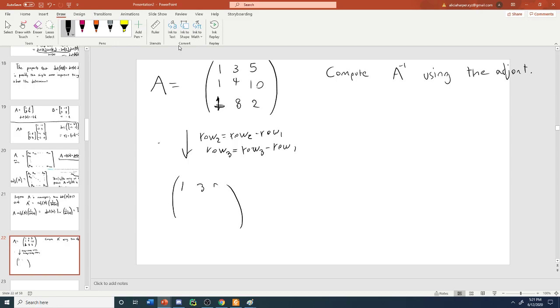And if I do that, I get this matrix: 1, 3, 5, 0, 1, 5, and then 0, 5, and negative 3. So these are both type 3 operations. And now I can subtract 5 times row 2 from row 3.